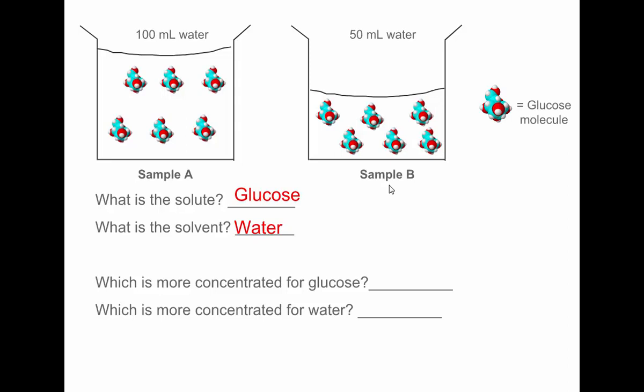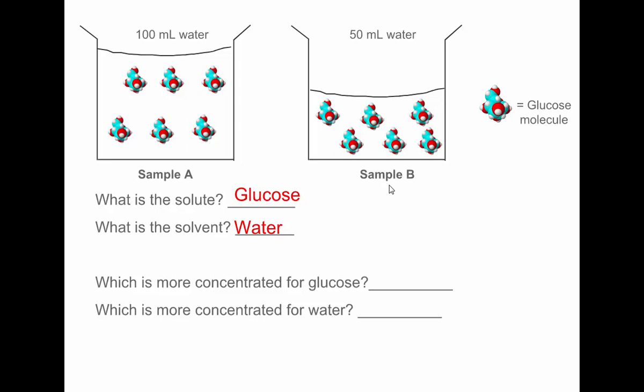Which has a higher concentration of glucose in this example? Sample B. But aren't there 6 molecules? There's 6 here and 6 there. Does anyone disagree with Rihanna? Everyone agrees with her?